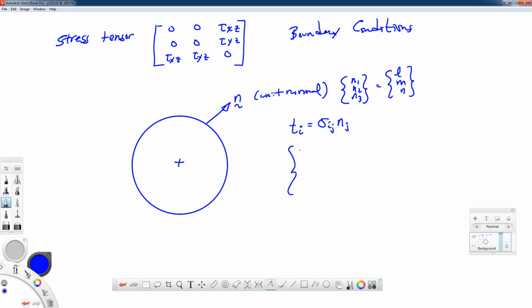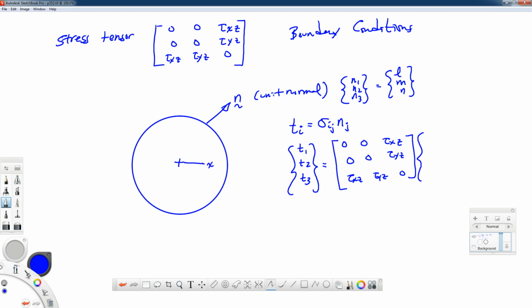So if we wanted to draw these out in a matrix format, we have the three components T1, T2, and T3 equal to the stress tensor times our unit normal components. Now this being the x direction and the y direction, and the angle we can call phi off to that unit normal, not drawing a very straight line there.